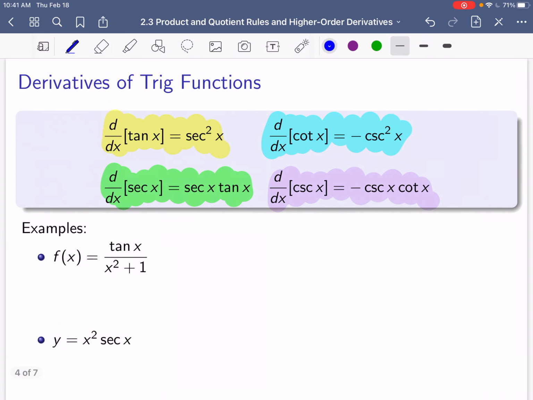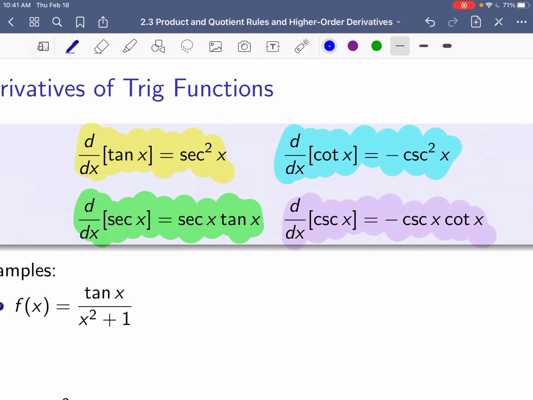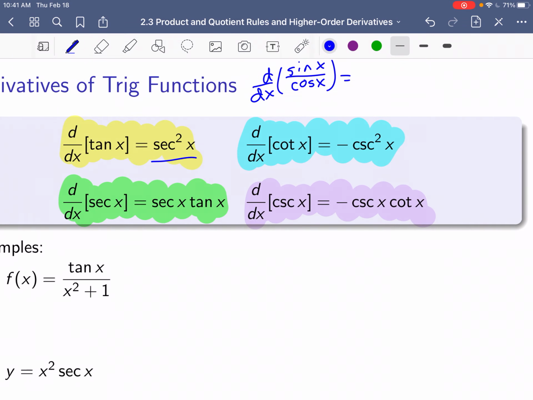We won't go through this with all of them, but for tangent, if we were to find that derivative, let's argue that it is what it is. So tangent is sine over cosine. And so if we were to take the derivative of sine over cosine, we would use the quotient rule.